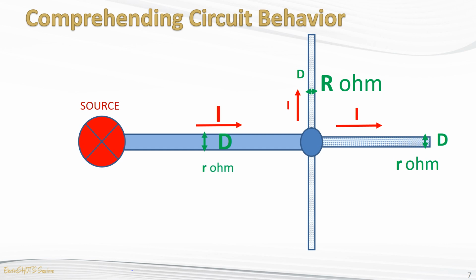The path which has least resistance will conduct more current, and the path which has maximum resistance will conduct the least current. So whenever you are confused about how to divide the current, always remember that narrow pipes will conduct less water and broader pipes with bigger diameter will let more water pass through, and the same applies to the electric circuit as well.